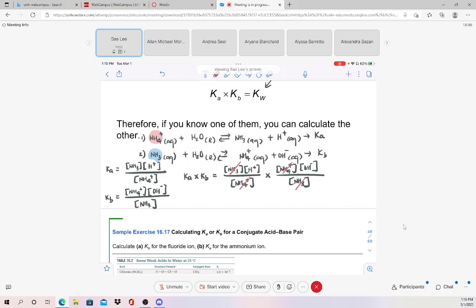Ammonia concentration cancels out. You are left with proton concentration times hydroxide concentration, which is the equilibrium constant for water.